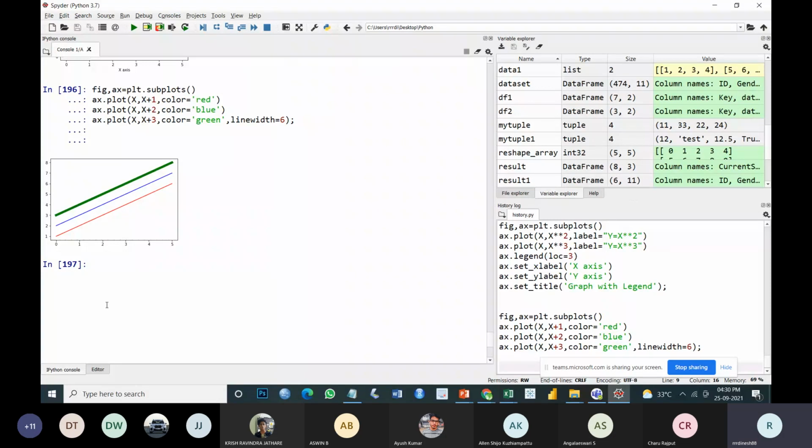For example, labels equal to frogs, hogs, dogs, then logs.